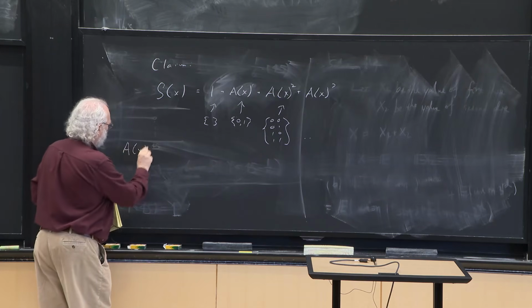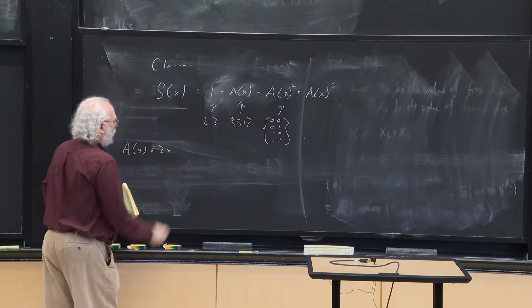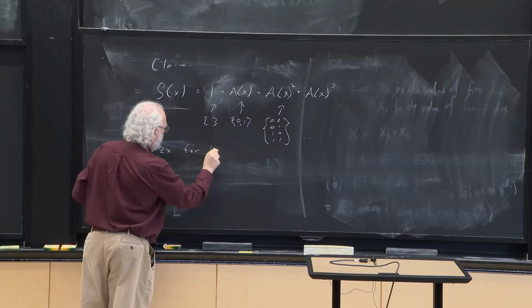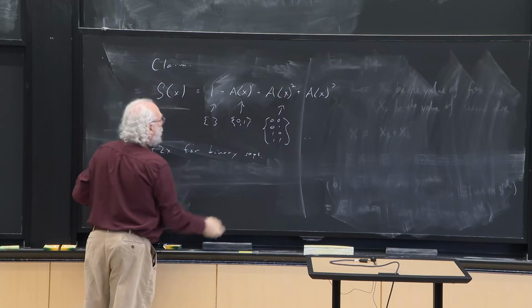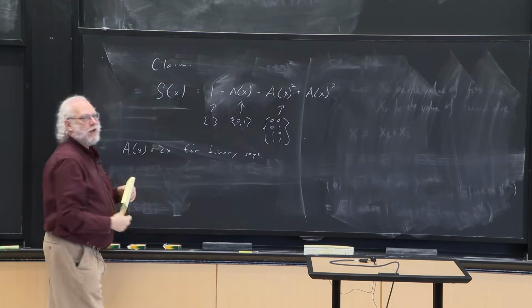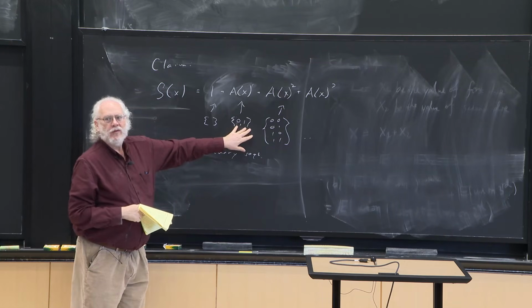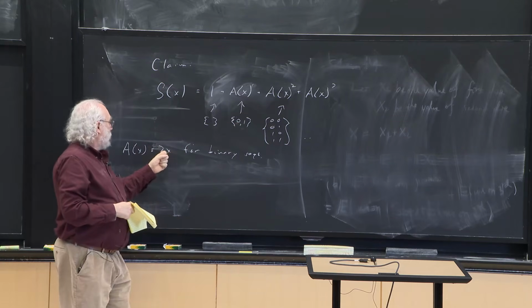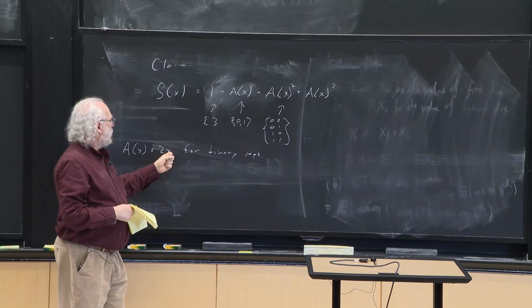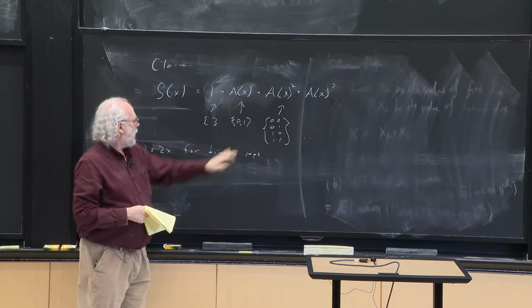And A of x equals 2x for binary sequences, because here there are two binary sequences of length 1, and x means length 1 here, and 2 means there are two of them.